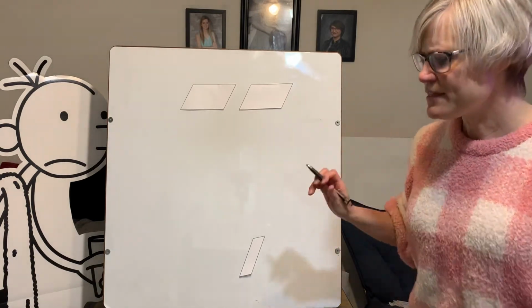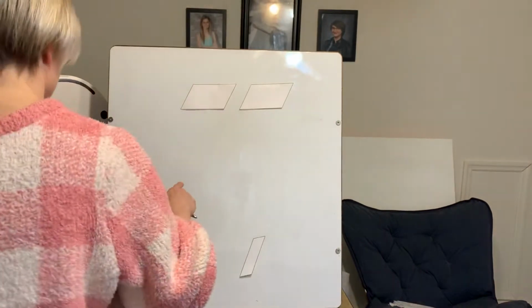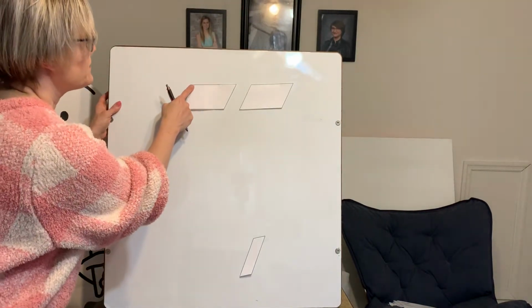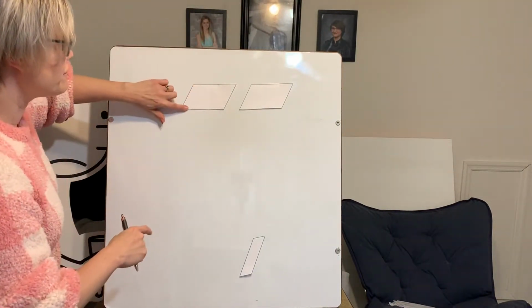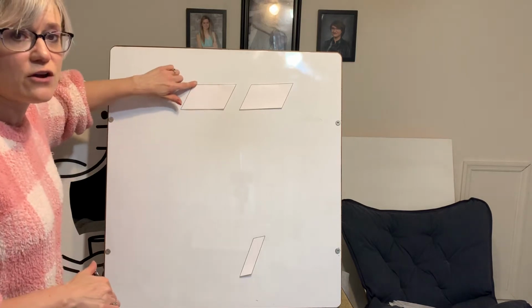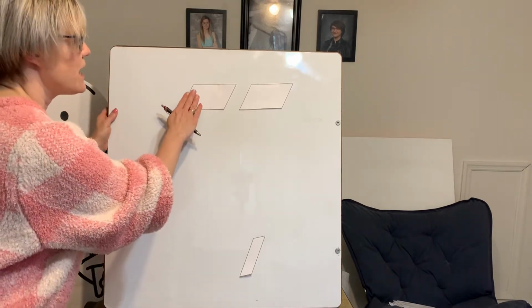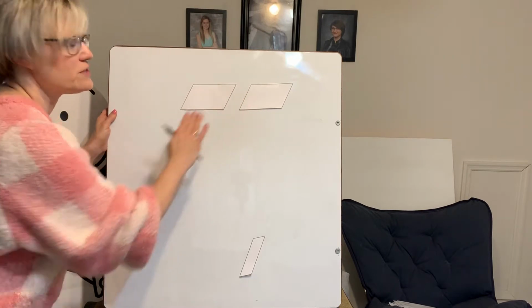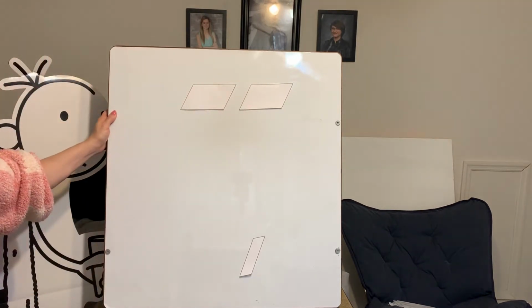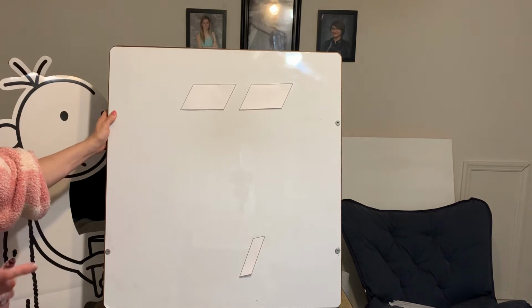Well, I think that I can draw a line here and cut off a piece of this, a right triangle, and move this as a puzzle piece over and create this into a rectangle.